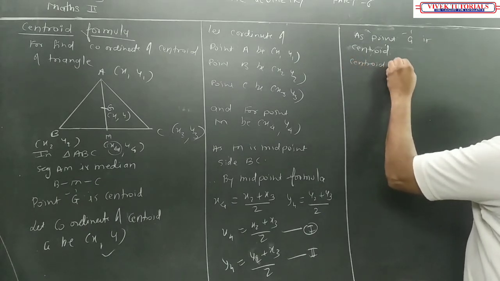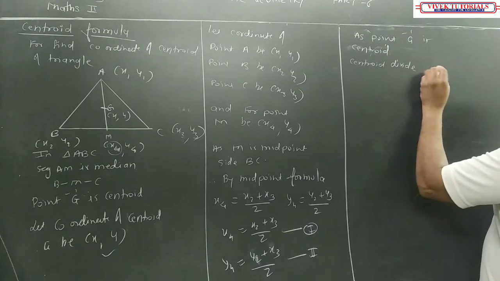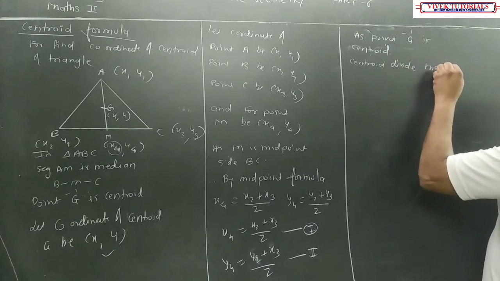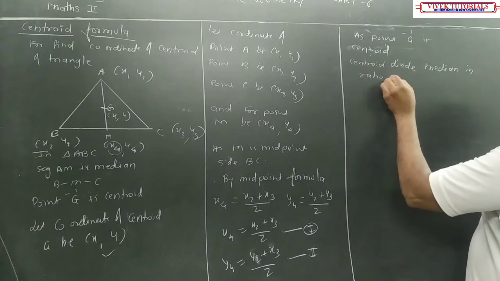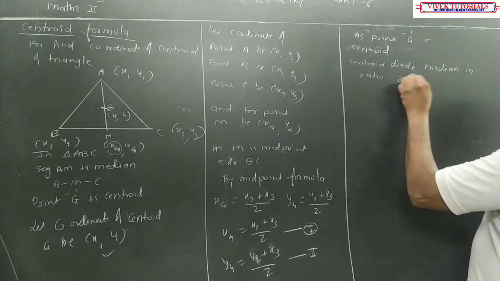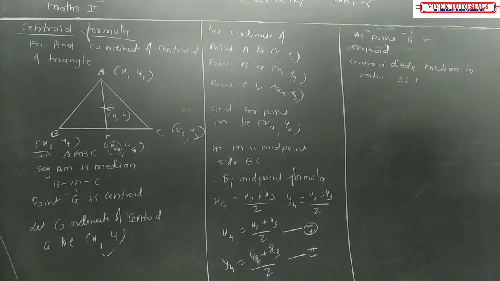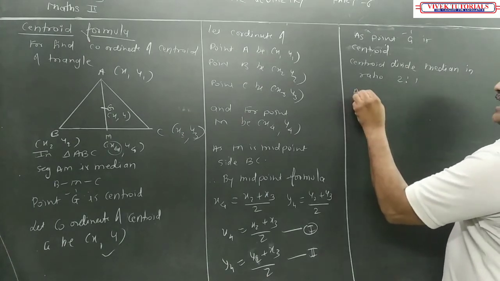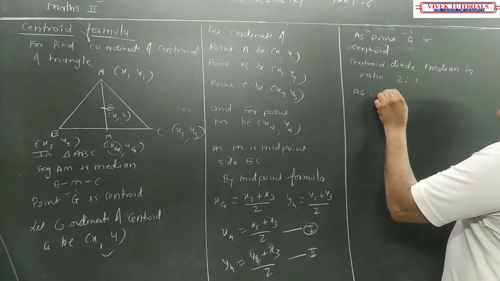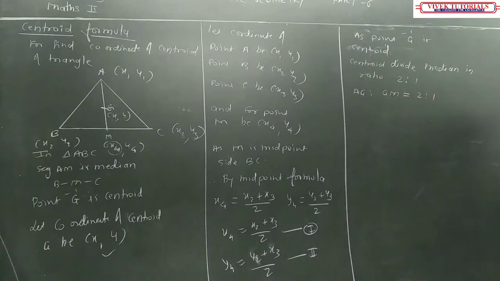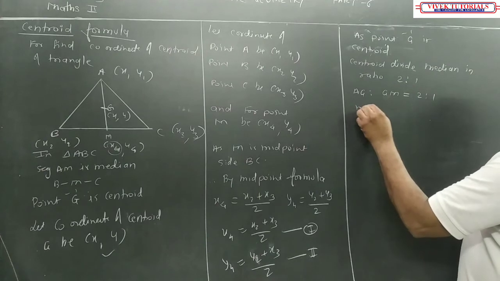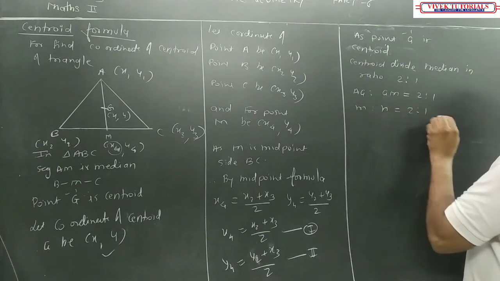Centroid divides median in a ratio 2:1. 2:1 मतलब AG is to GM is equal to 2:1, or m is to n is equal to 2:1.